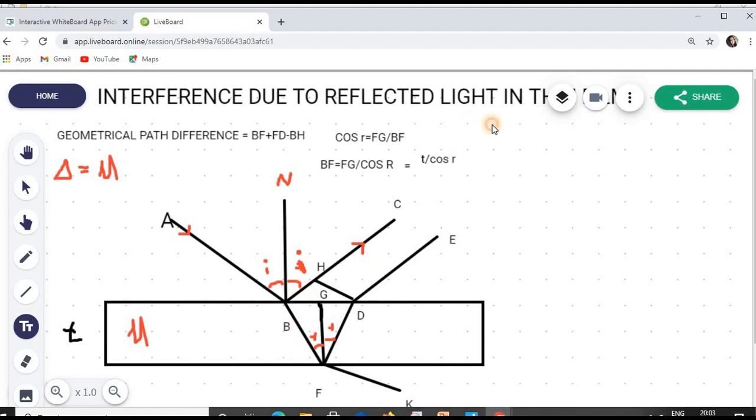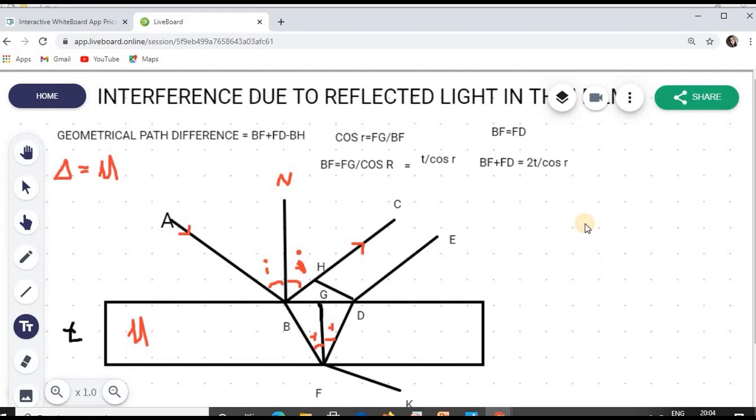I have got BF to be t by cos r, so BF plus FD is equal to 2t divided by cos r.